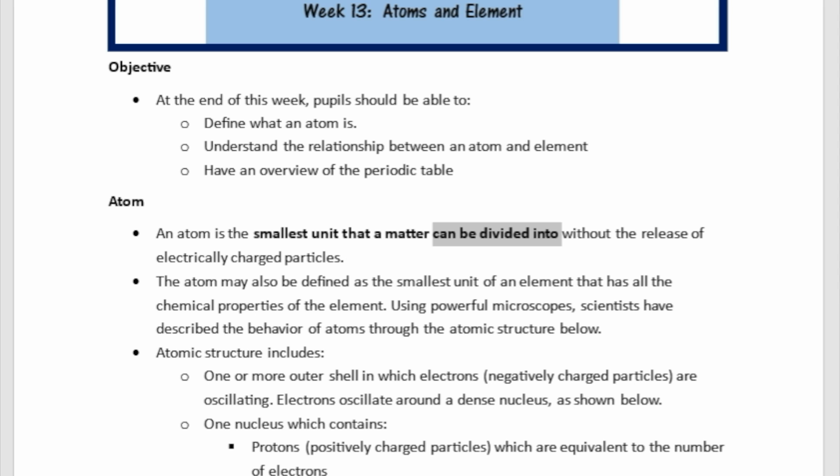So the positively charged particles are called protons, the negatively charged particles are called electrons, and the number of electrons is going to be the same as the number of protons. So if you have one electron in an atom, then you're going to have one proton in that atom. And you're going to have one nucleon in that atom, okay? So those are critical fundamental understandings you got to have with regards to what an atom is.